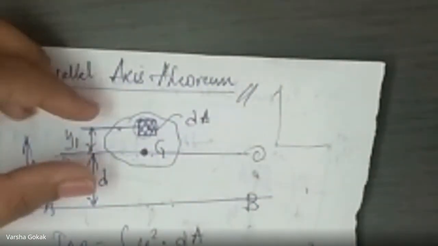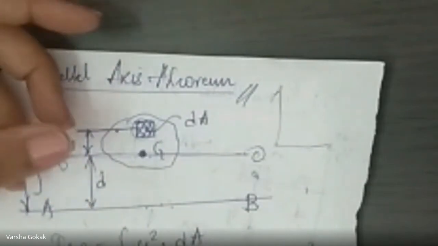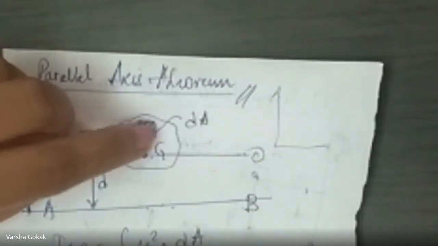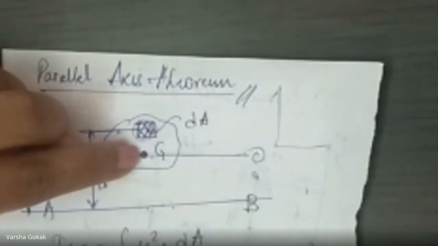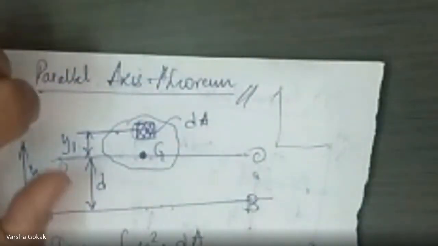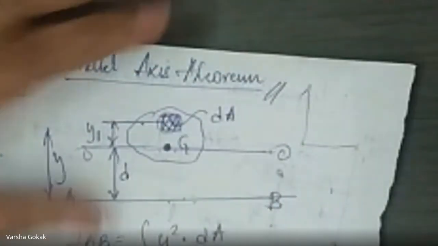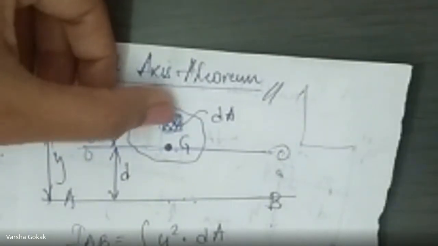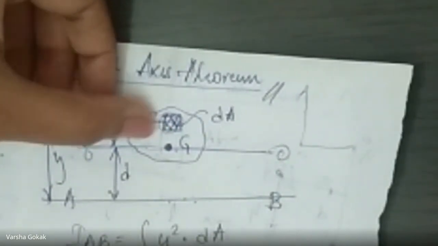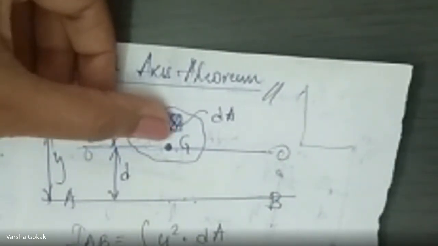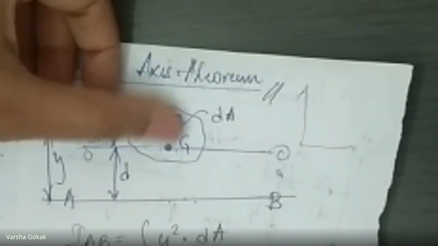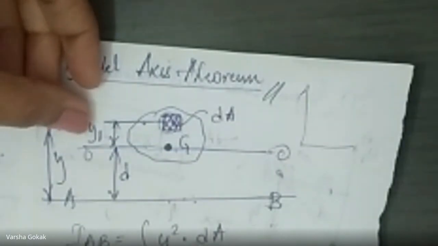Look at the figure. Now, there could be a point where this CG is going to coincide with this CG. This is a generalized diagram which I have drawn, and I've shown that the dA is at some distance y1 from the centroidal axis. But there could be a point where this and this are going to coincide. If they coincide, what happens to y value?